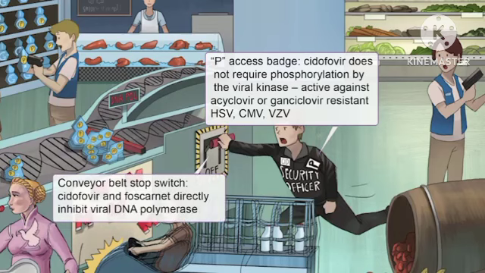Cidofovir directly inhibits viral DNA polymerase, depicted here as he pulls the shutoff switch, bringing a halt to the DNA conveyor belt. Because both cidofovir and foscarnet are acting directly on viral DNA polymerase, CMV strains can gain resistance through mutations of this polymerase.